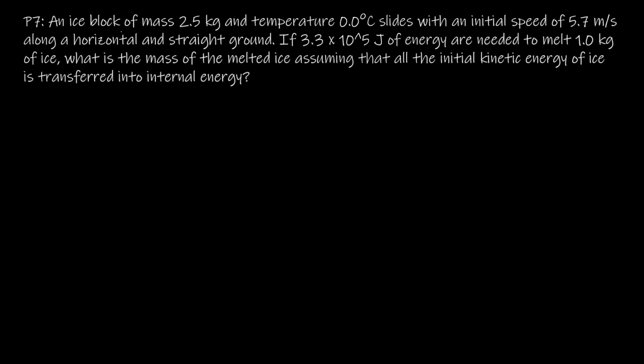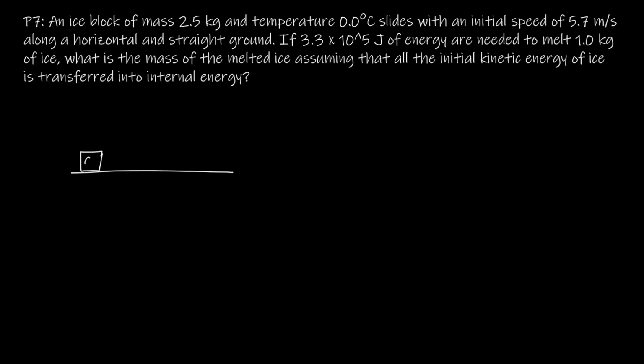An ice block of mass 2.5 kilograms and temperature 0 degrees Celsius slides with an initial speed of 5.7 meters per second along a horizontal and straight ground. So let us draw a picture of this problem. Suppose we have a straight ground here and we have a block of ice.